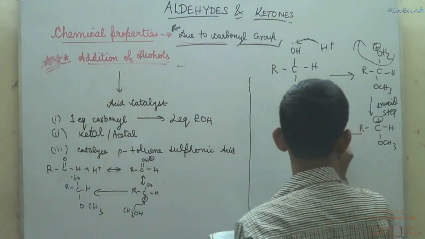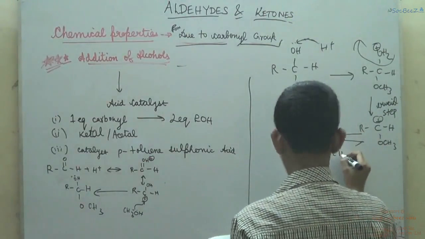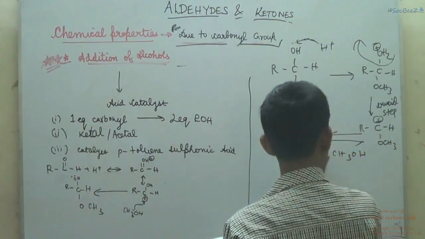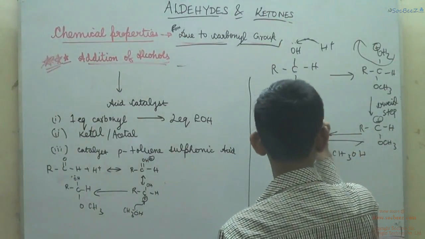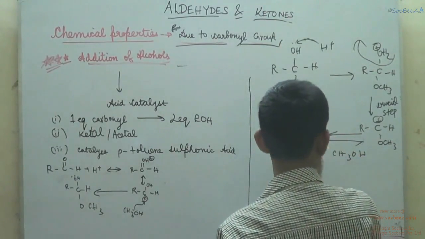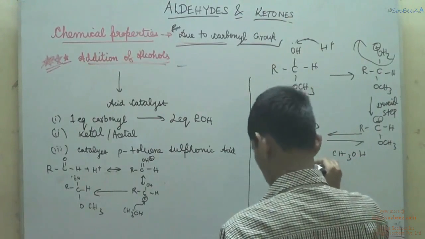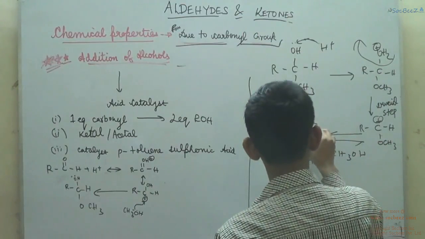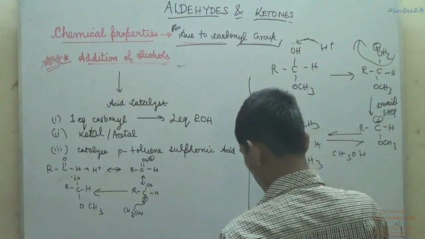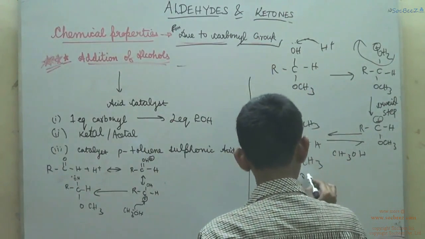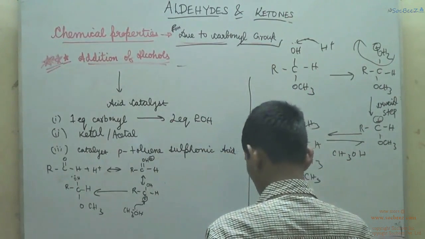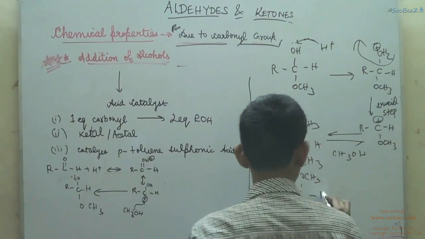And then here again you have the alcohol being added to COCH3 with a positive charge on the oxygen atom, and then this hydrogen gives a pair of electrons and leaves as a proton. Finally you get RCOH3 OH3H.